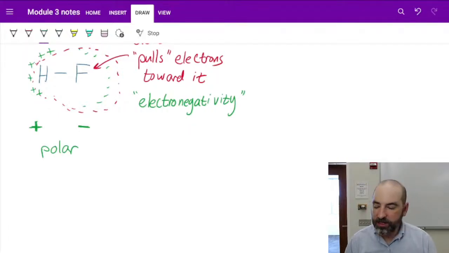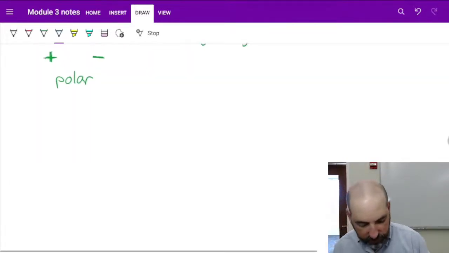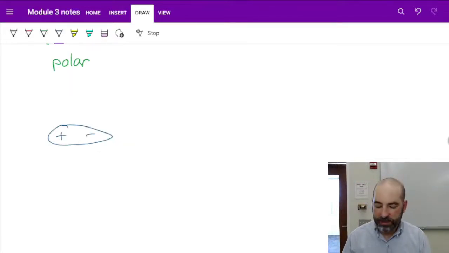All right, so the consequence of this is a couple things. First, molecules that have these types of bonds can interact with each other in an attractive way, because we know positive and negative attract each other. So I'm going to draw a representation of a polar molecule here. Let's say this molecule is like that, where it has a plus and a minus.